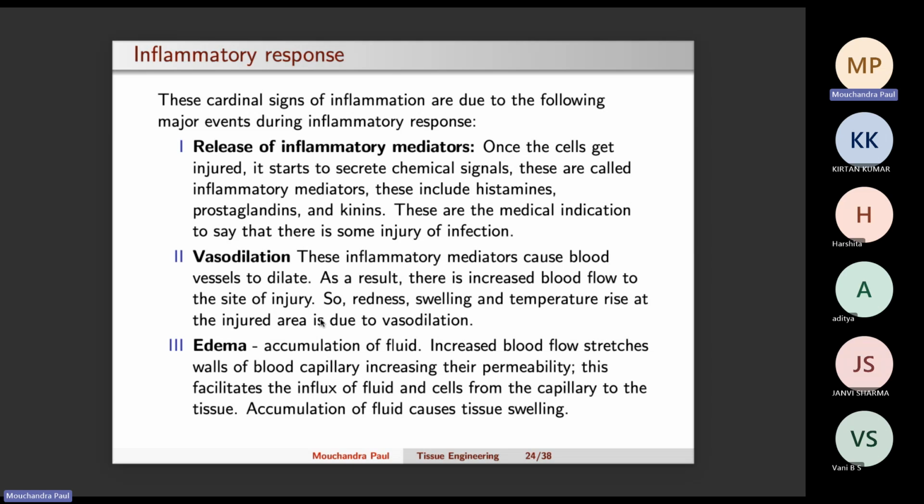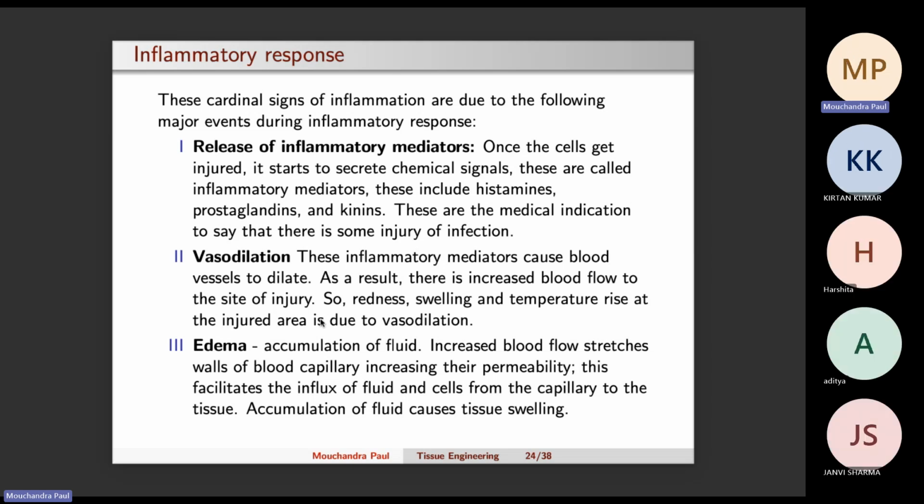The four signs that I just discussed, why are they happening, or what is happening at that particular area which results in those symptoms of inflammation? First, the cells that have come to that particular area will secrete various kinds of chemical signals.